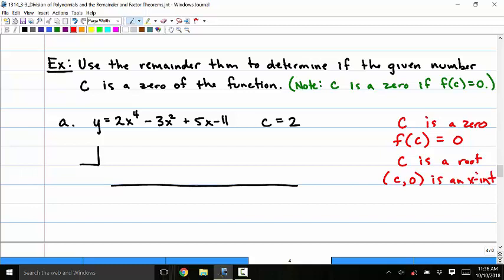That was all from last time. Those things are all saying the same thing. So how can you tell if c is a 0 of the function? You plug it in and see if you get 0. Well, we have a quick way to do that. Well, the quickest way is just to punch it in on the calculator. But let's do synthetic division. Put 2 in.